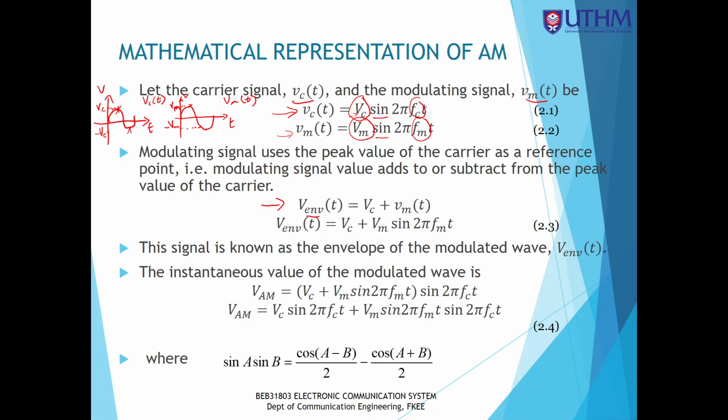So V envelope is a function of time, which is equal to VC plus VMT. This VC is the peak amplitude of the carrier, and VMT is a function. So if we elaborate this equation, it becomes VC plus VM sine 2 pi fmt. This is the envelope function.